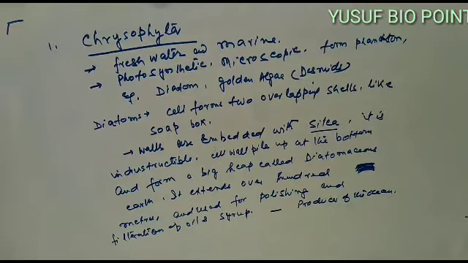So this is the feature of chrysophyta, freshwater and marine algae. It is diatom and golden algae. Diatom looks like a soap box. The wall is covered with silica, siliceous in nature, and the cell wall at the bottom is stored in the form of a heap called diatomaceous earth.